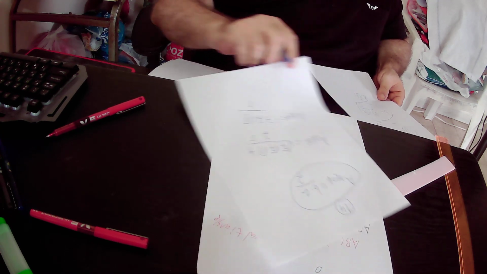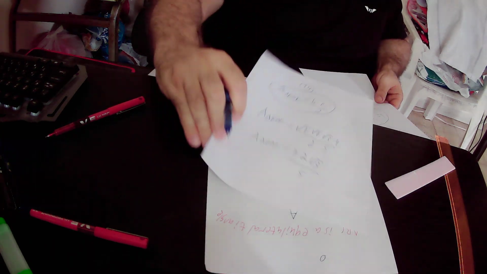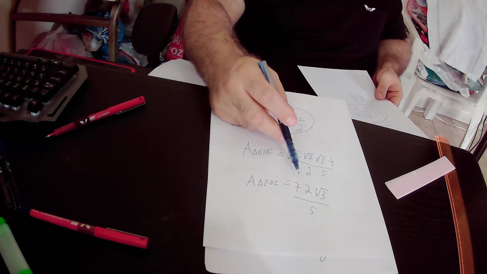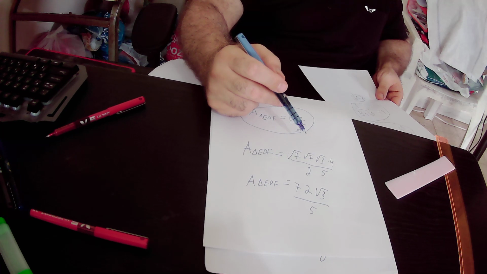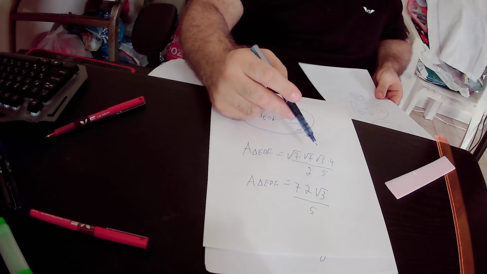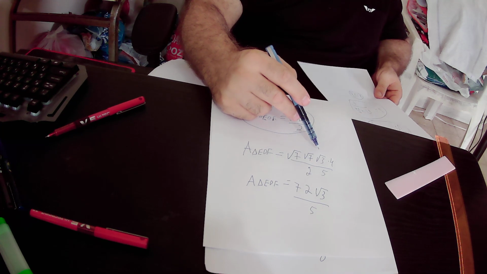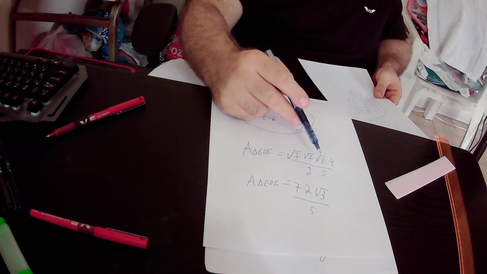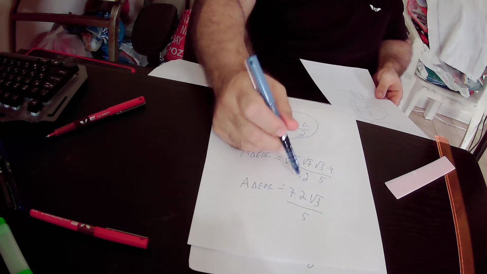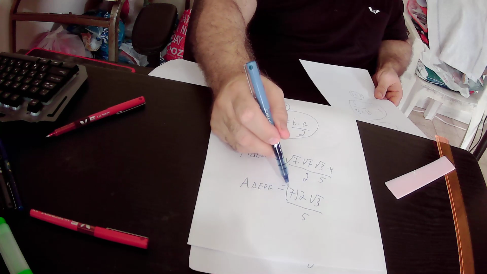Again, root 7 times root 7 is 7, and 4 over 2 is 2, and we have here times root 3 over 5. And 7 times 2 is 14.